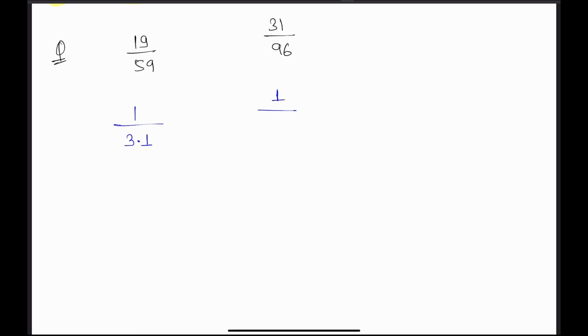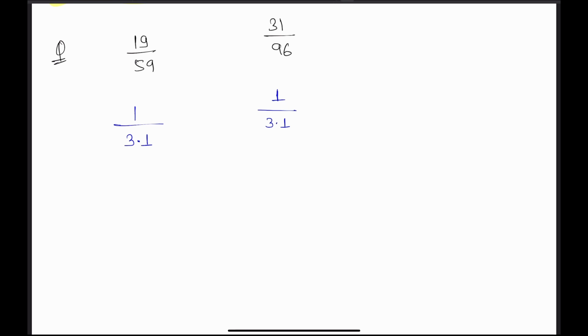Then 96 upon 31, how much will it be? If we multiply by 3, it is 93, so I can also say this is of the form 3.1.